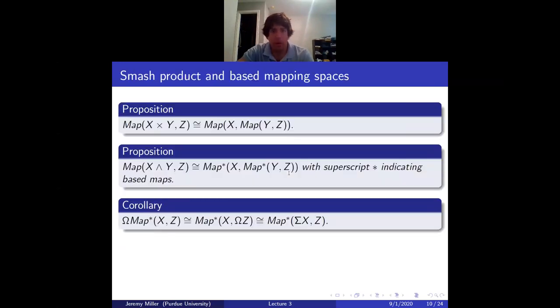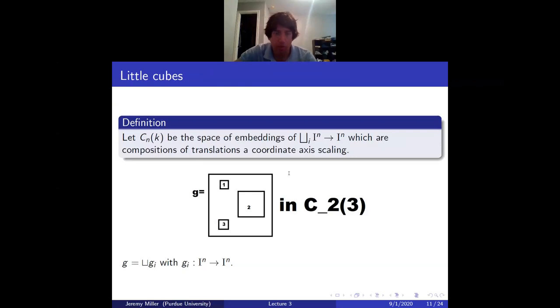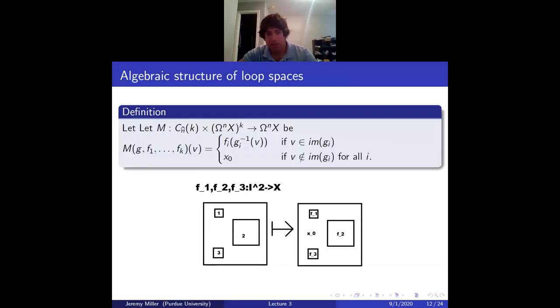Maybe your question is about details and I'm talking big picture. What I'm saying is that C_{n,k} is our space of ways of multiplying k different maps. Let me say the sentence again. Loops on X, you can think of as maps from an n-dimensional cube into X relative to the boundary.